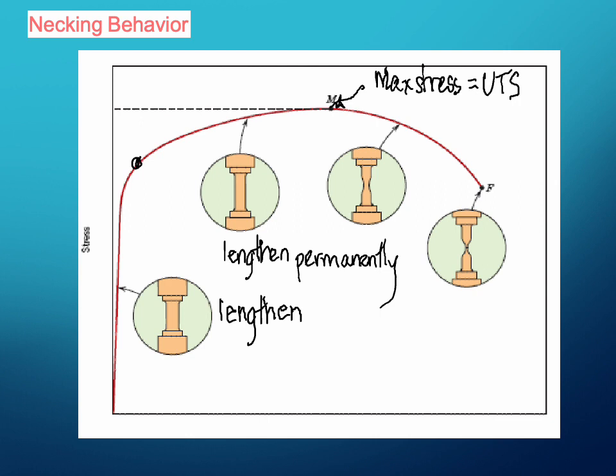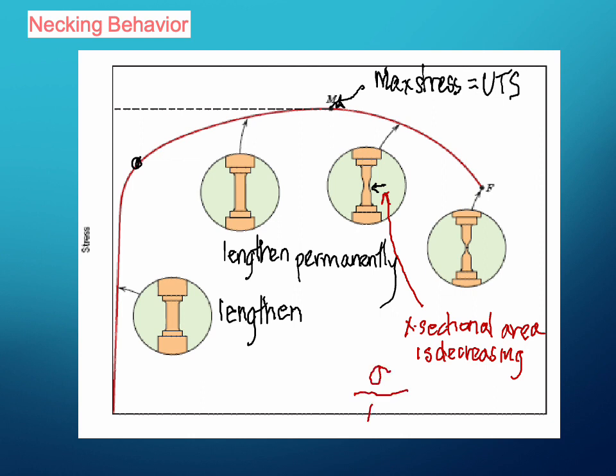And that's because the cross-sectional area is getting smaller. So stress might be dropping, but area is dropping faster.